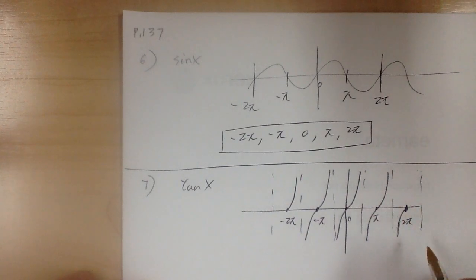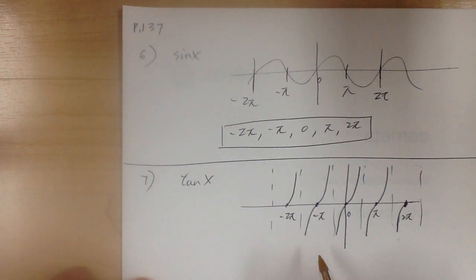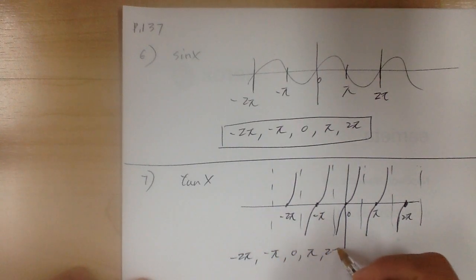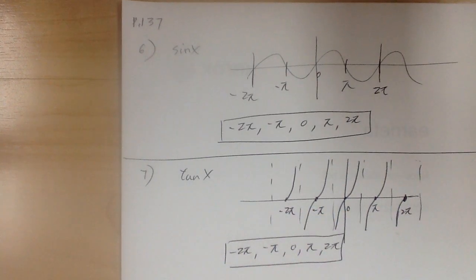So over here, your intercept points would be negative 2 pi, negative pi, 0, pi, and 2 pi. Again, you have to look at your graph to get the intercepts.